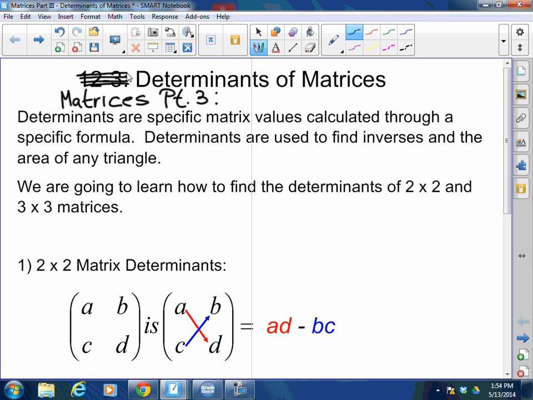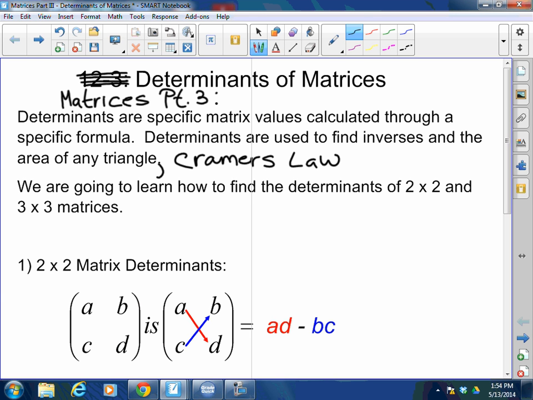They are also used for something we're going to learn called Cramer's law, or Cramer's rule. Using Cramer's and these determinants, we can solve systems of linear equations with both 2 variables and 3 variables.